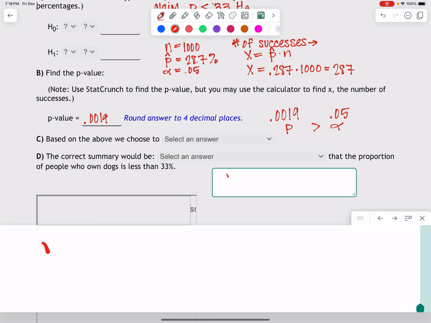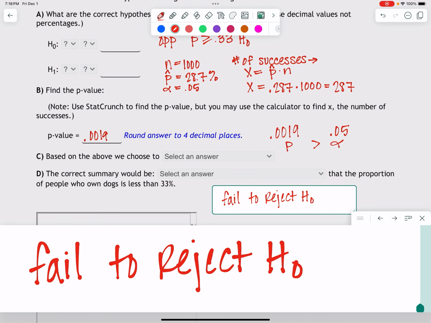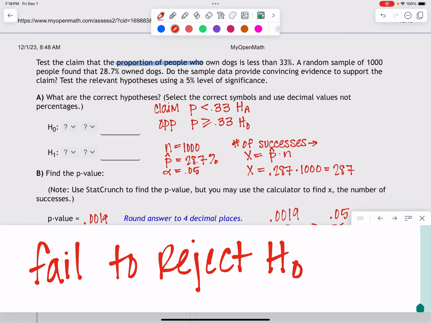That means we fail to reject the null hypothesis. So you go to your notes. You go to the fail to reject the null hypothesis section, and our original claim was the HA.